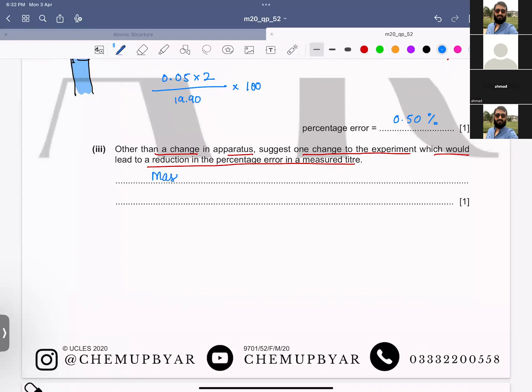So: increase the mass of the brass. Is it clear?